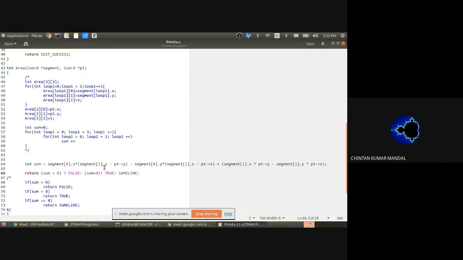And in the future, when you work with interviews of companies, and they give you coding classes or coding competitions, there are two factors which work over there. Number one is how fast your algorithm or code runs. Another one is how few the number of lines are.